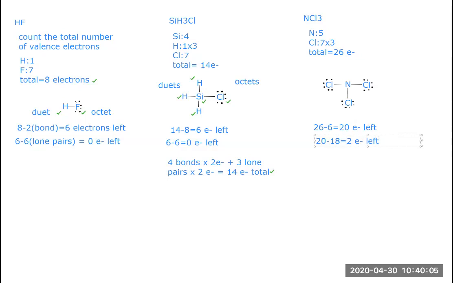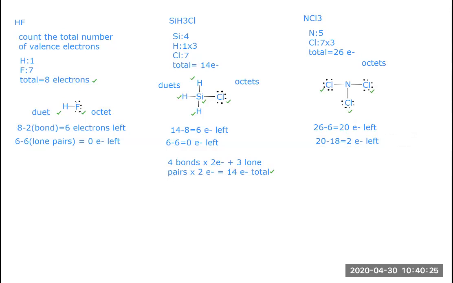If we type here octets, okay, so the chlorines have their octet, 1, 2, and 3.